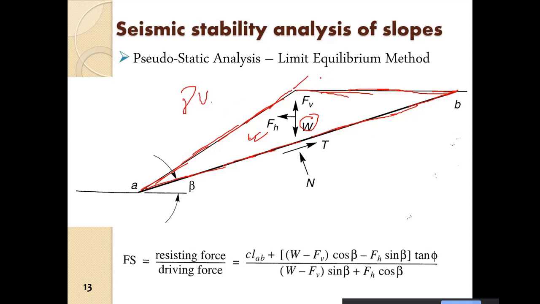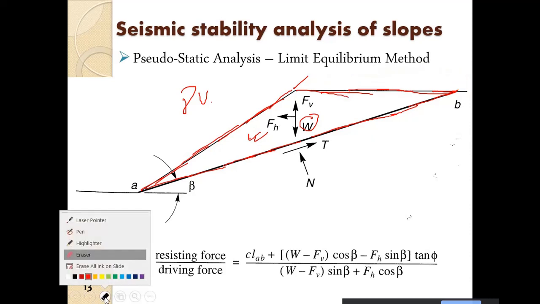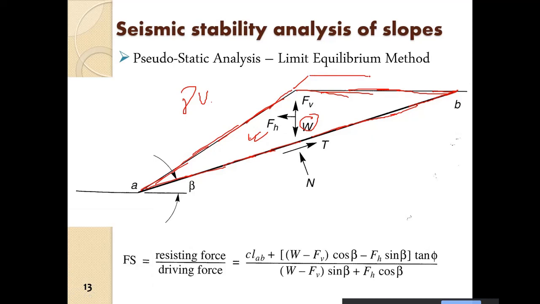If we consider unit length in this direction, we can replace the volume by area into unit length. So gamma into A is basically the W that we are concerned with.